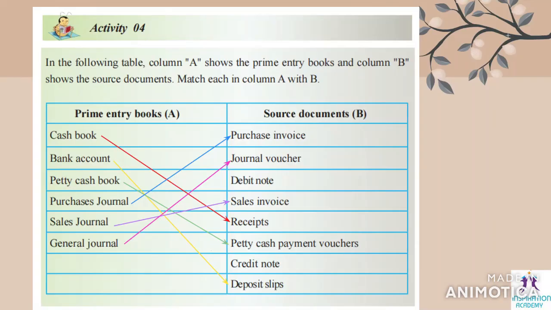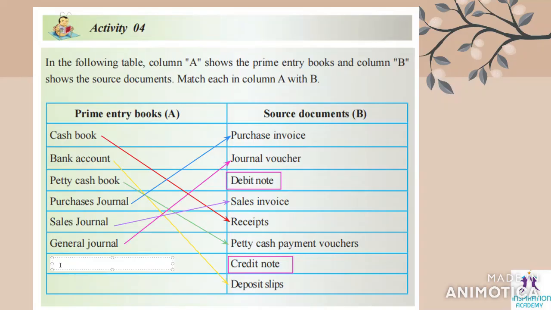You have two remaining, debit note and credit note. So what is a debit note and what is a credit note? Where do we record the debit note and credit note? Here we have to write the two journals.